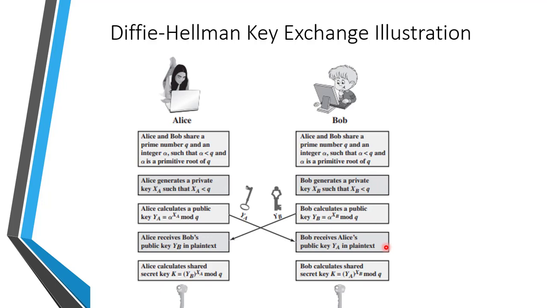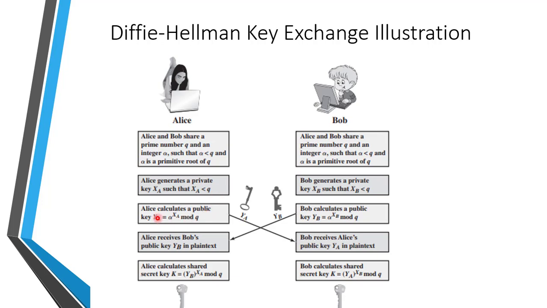So now we will see the illustration of this algorithm. First of all, we know that Alice and Bob share a prime number q and its primitive root alpha, such that alpha is the primitive root of q and alpha should be less than q. After that, Alice and Bob both generate their private keys or private integers. Alice generates her private key, known as xa, and Bob generates his private key, known as xb, and the values of xa and xb should be less than q.